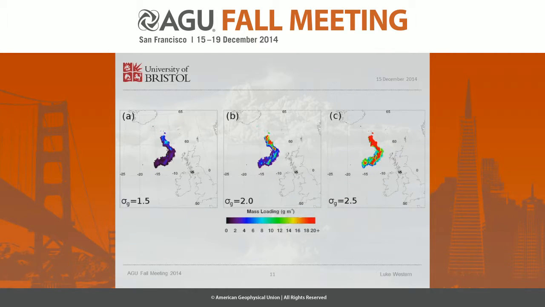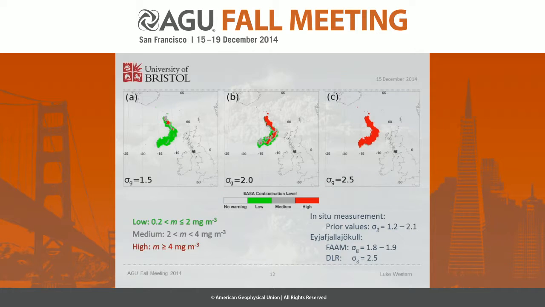We can actually gain an order of magnitude difference in our mass loading between a 1.5 geometric standard deviation or a 2.5 geometric standard deviation. But what does this mean in the real world? Well, we can convert them to the European Aviation Safety Agency contamination levels in the atmosphere. So the green areas are deemed areas where the ash concentration is low enough to fly in.